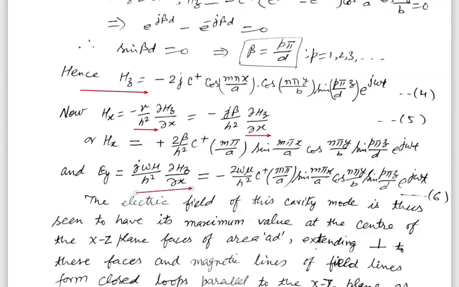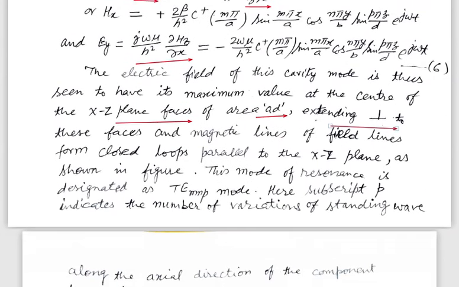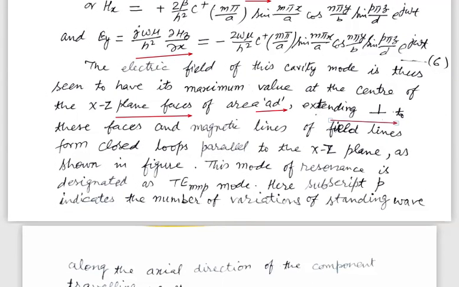The electric field of this cavity mode is thus seen to have maximum value at the center of the xz plane, whose area is AD, and extending perpendicular to these faces, and the magnetic lines of force are closed loops parallel to the xz plane, as we have already discussed in the figure.